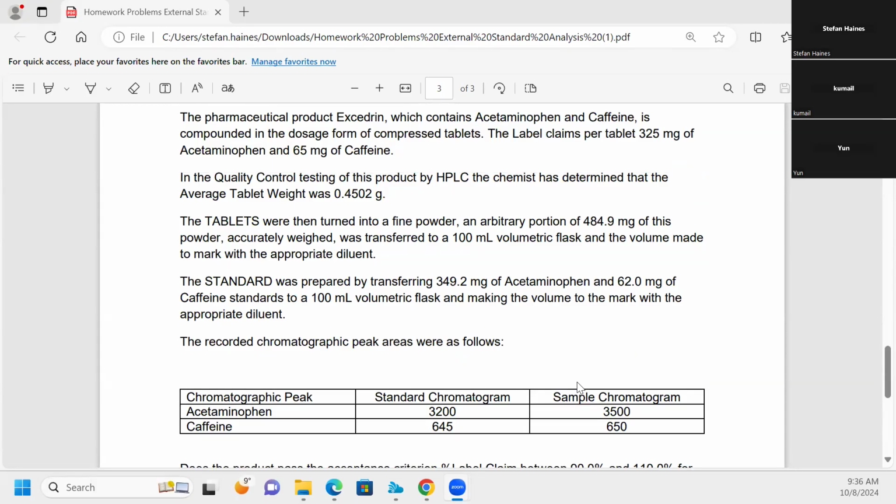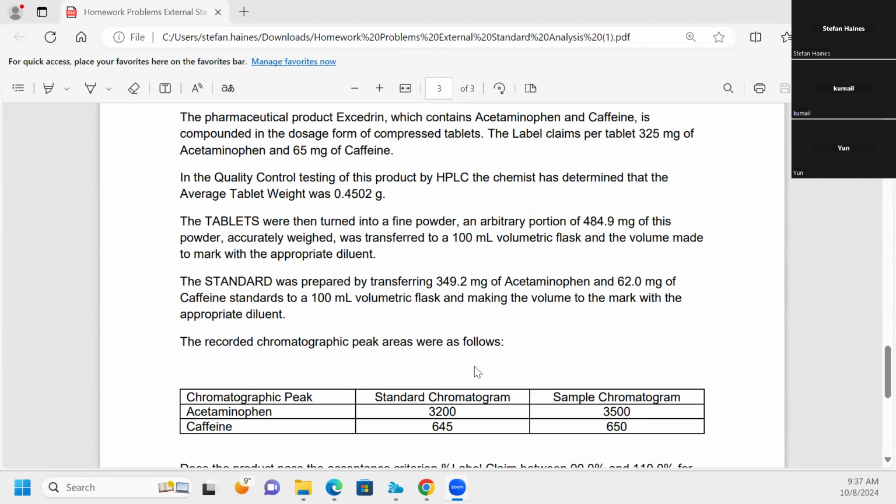All right, let's do the one for the caffeine just for fun. So the concentration of the sample is the area of the sample times the concentration of the standard, divided by the area of the standard.